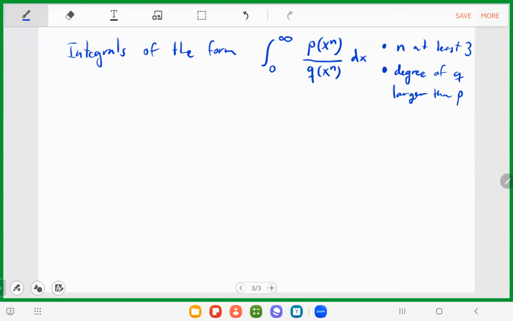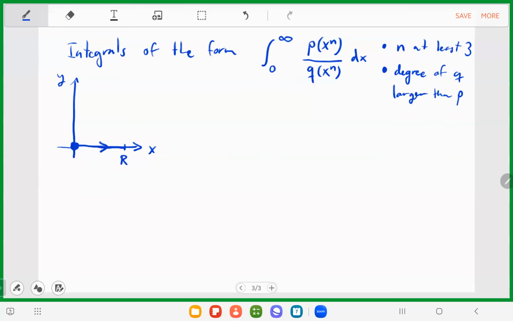For these polynomials of x to the power of n, the contour that works well looks like this. This is the real part of z, the imaginary part of z. We can define a contour that goes from 0 to infinity, but we are going to go first from 0 to a large number r along the x-axis, and then we will take the limit when r goes to infinity.